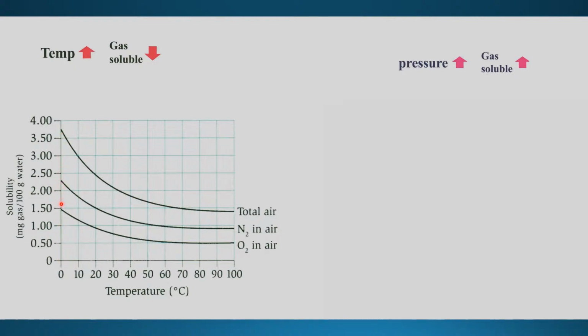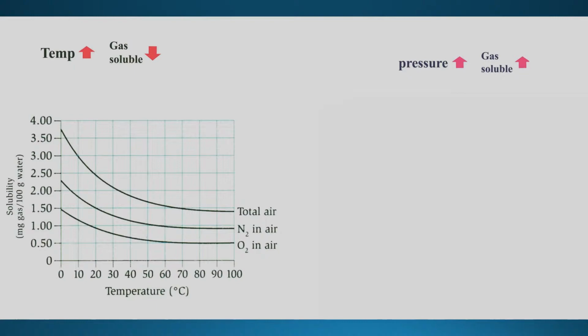At 0 degrees, most gas can dissolve. But when you go to 10 degrees, the gas starts to be not so soluble. And then 20 degrees, less soluble. At 30 degrees, even less soluble. So to explain, as temperature increases, gas solubility decreases.